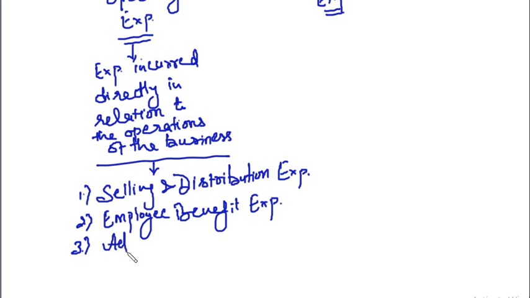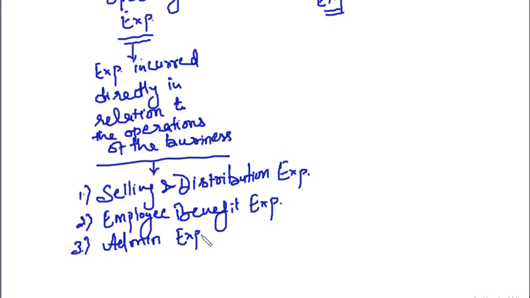Administrative expenses. You have to hire some people, you have to pay salary to the administrative people who look after the various functions of the business. You hire some people who will look after the accounts, some who will look after the inventory. All these things are directly related to the operations of the business. If your employees are not happy, your operations will be affected.